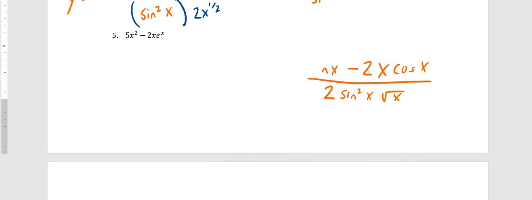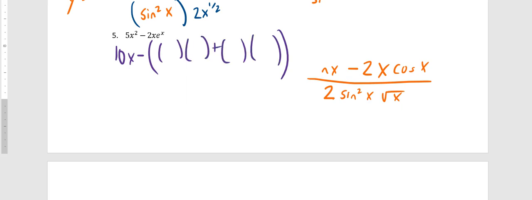Derivative of 5x squared is 10x minus derivative of 2x e to the x. We're going to do product rule, so I'll make sure to subtract the whole thing, right? The product rule of that is going to be something times something plus something times something, but it's going to be minus the whole thing. So let's say maybe I just do the product rule on x e to the x. The 2 I'll just take out of the whole derivative, and I'm just doing derivative of x e to the x.